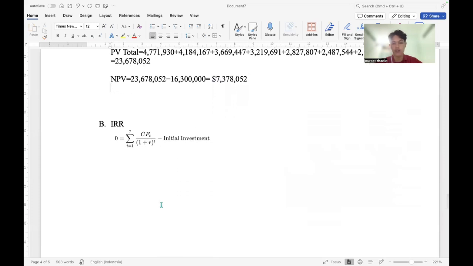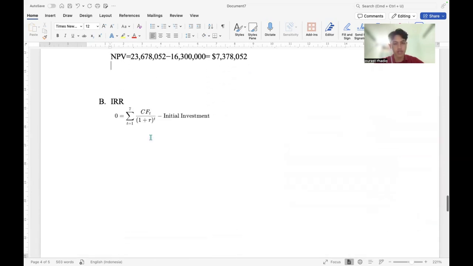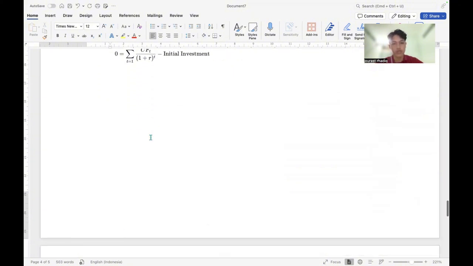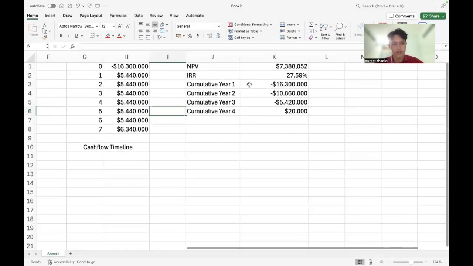Next one, or last one, we want to do the internal rate of return. This one we have to do by trial and error, but you can do it from Excel. So I already did it from Excel.